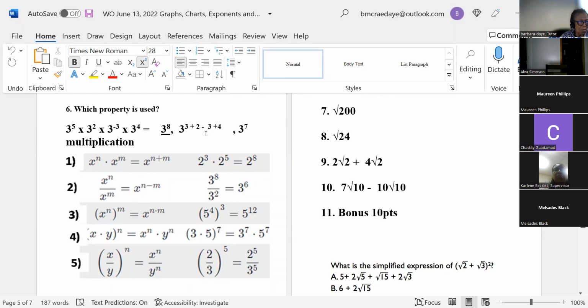No. 5 minus 3 is what? 2. You got 3 plus 2 is 5. And a plus 5 and a minus 3 gives you what? Oh, you're subtracting. Yep. 1.